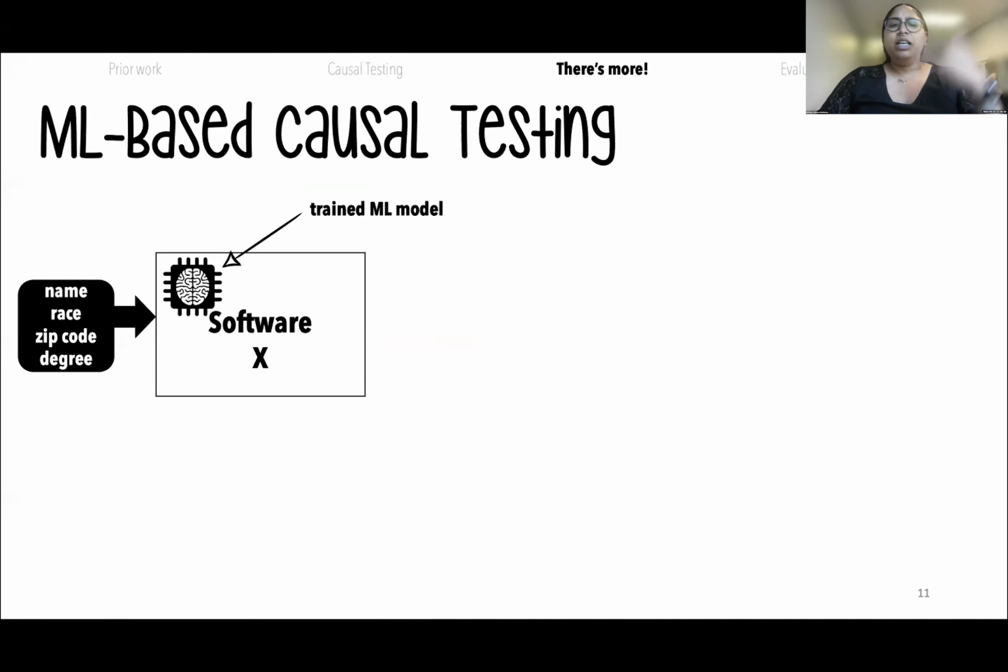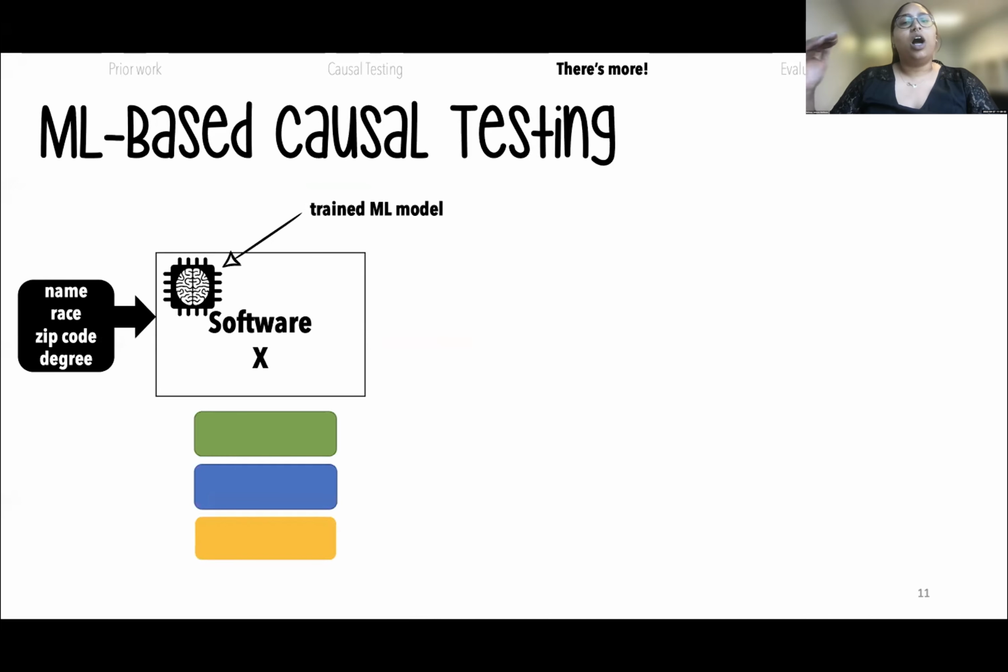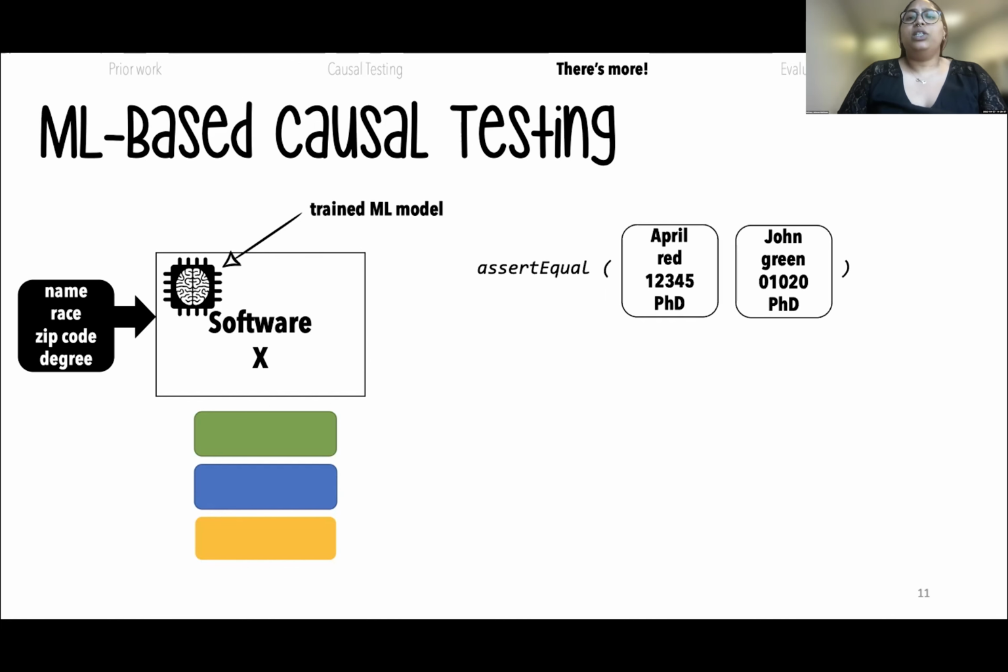And then presumably there is either some concrete set of outputs or classes of outputs, since we are using a machine learning model here, that we want to make sure our software is complying with with respect to our expectations. So what we're studying right now is what it looks like to test this type of software, particularly in the mode of testing that we typically use, that being assertions.